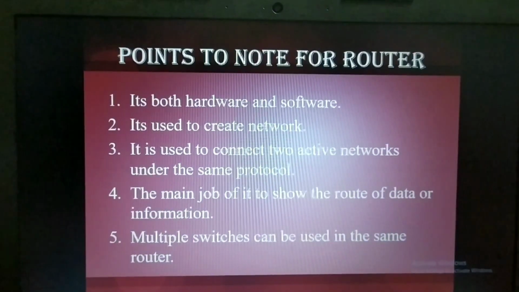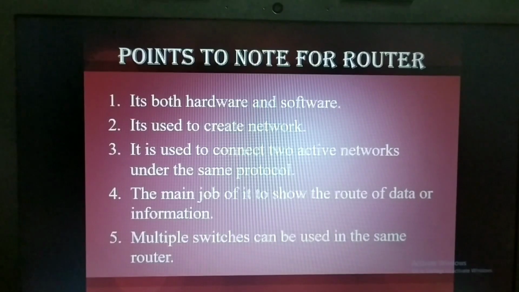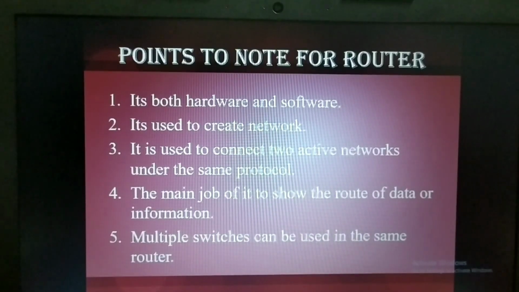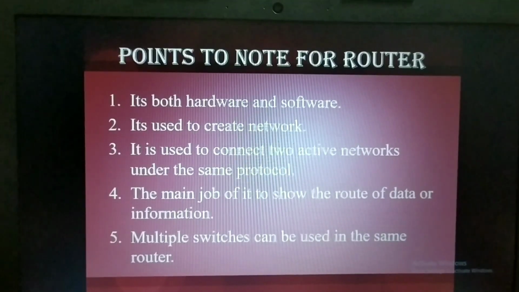So what are the main points to be noted about router? That it's both a hardware and software device, and it is used to create network, obviously. So it's both hardware and software. That means you have already seen the hardware, and the hardware is actually working based on software.